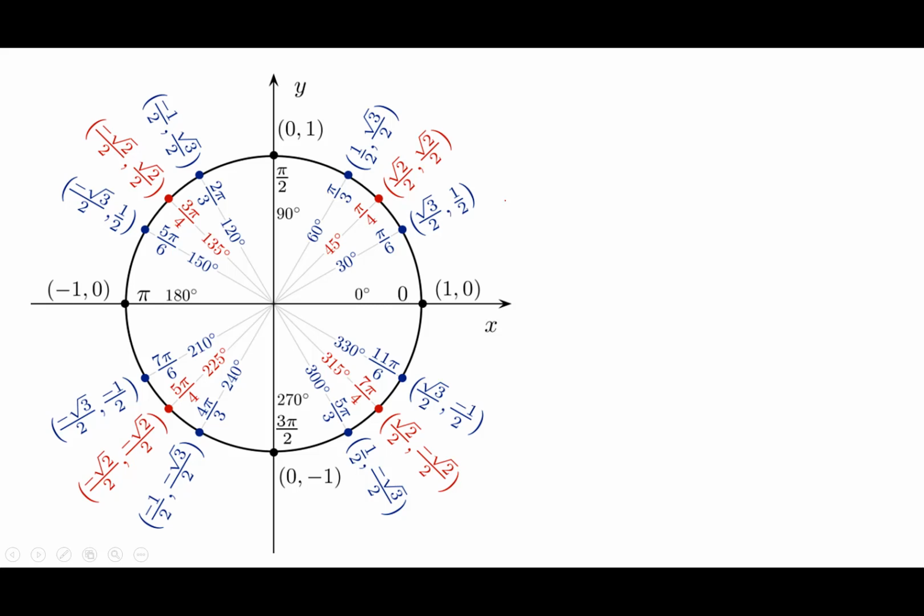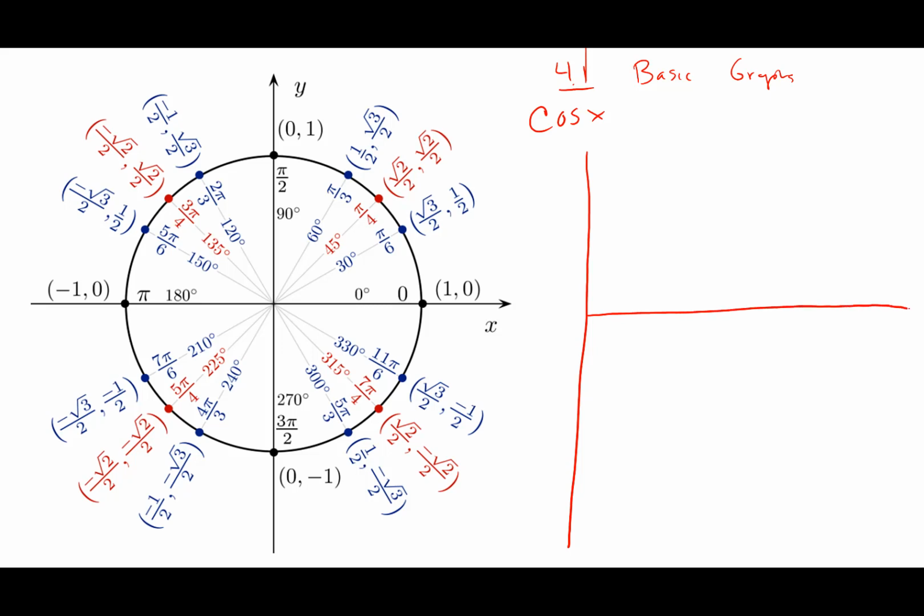Back to the beginning here. So we have ourselves 4.1, basic graphs. And let's do cosine. Cosine of x, or cosine of theta. This one's a little bit more interesting.